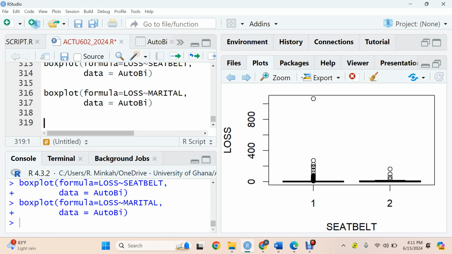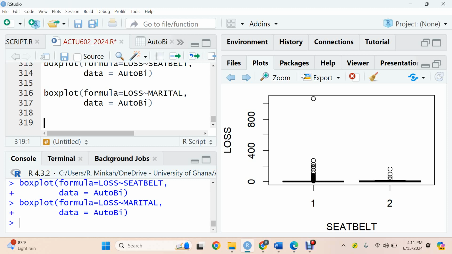The next thing is, are these independent or dependent? If they are dependent, I expect that the data should be on the same person. The unit you are taking the measurements on should be the same, and there should be before and after measurement.